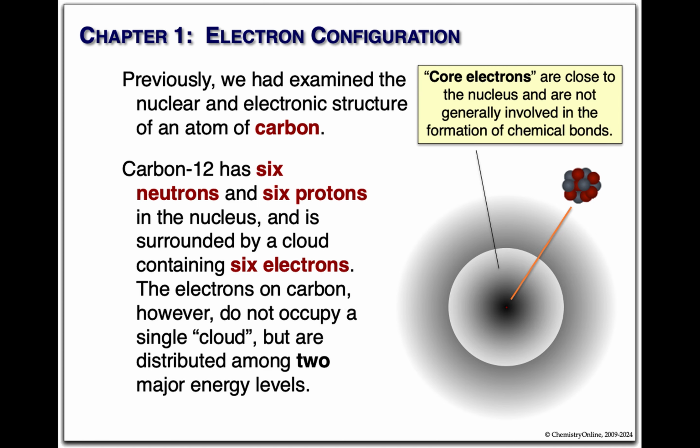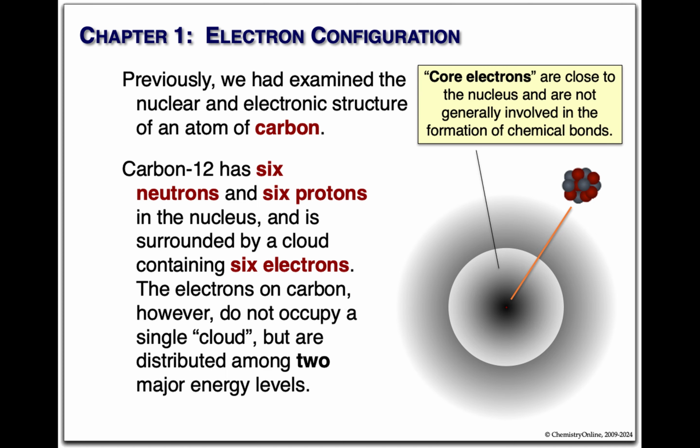The number of energy levels in an atom is dependent upon the period in which the atom lives. Carbon was in period 2. That's why it had 2 energy levels. Within the energy levels, you can put different numbers of electrons.